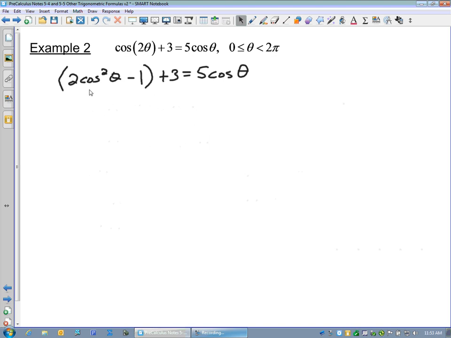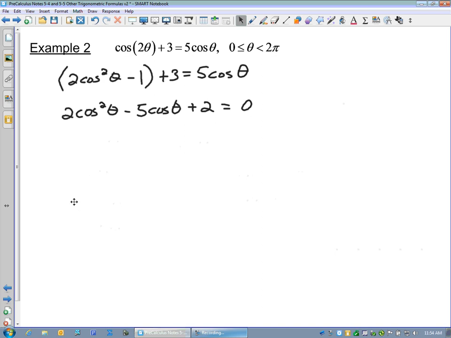Now you'll notice that the cosine is squared, you have 2 cosine squared, and you have a 5 cosine, which is a linear term, so this is going to end up being a quadratic, which our plan of attack should be to set it equal to 0 and then factor it. So moving everything over to the left side, I bring the 5 over, it makes it -5, combine the constants, and I should get that quadratic equation.